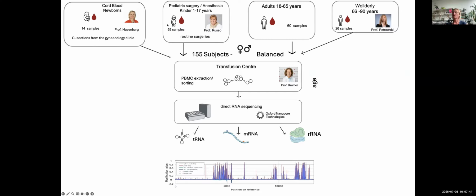Then we also recruited about 55 children in the age of 0, so several months, until 18 years old via the Children's Hospital. Here again, they were strictly healthy. They were only scheduled for minor routine surgeries such as dental braces, circumcisions, strabismus surgeries, removal of metal pins.